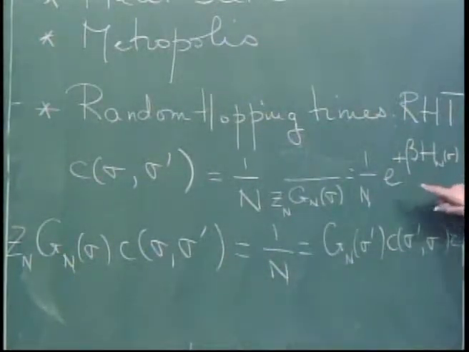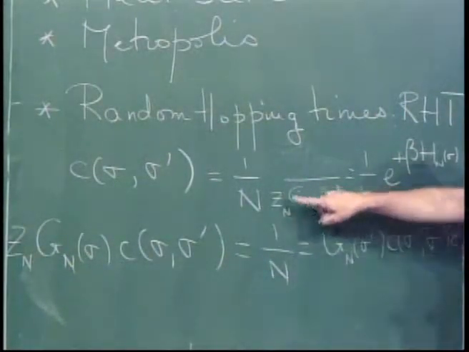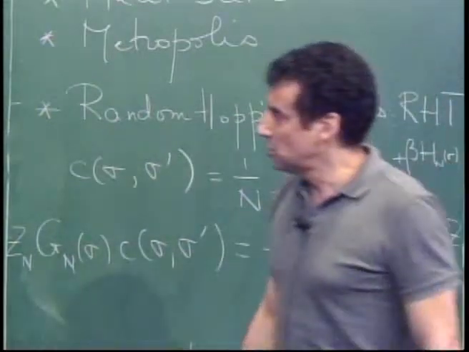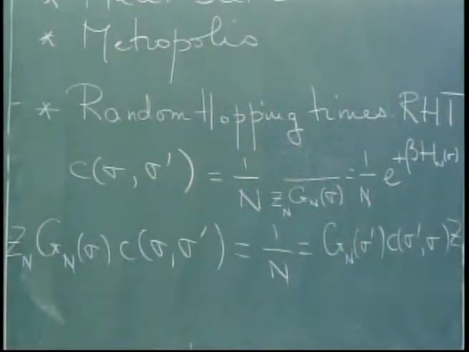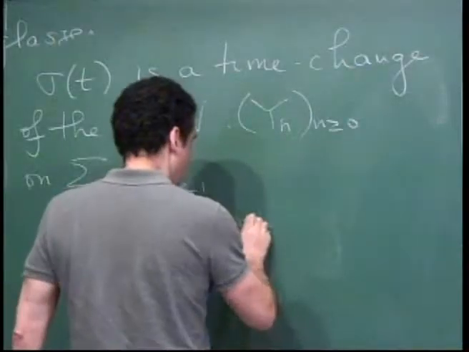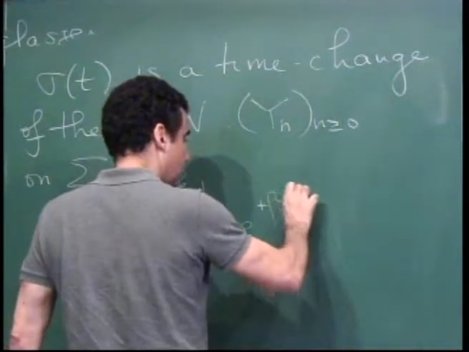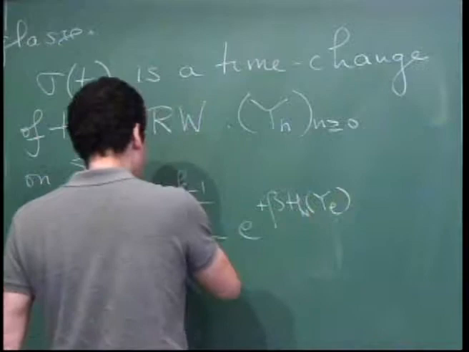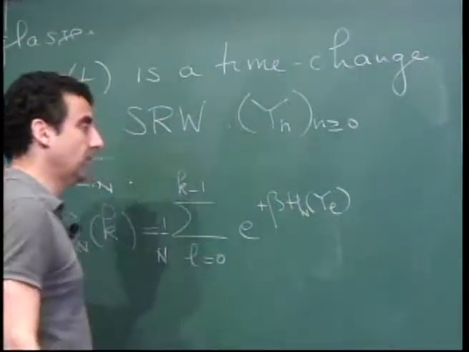So the rate is simply exponential plus beta Hn. That's the best way to remember it. So let me write it like this, exponential plus beta h of Yl. There's a 1 over n, but that plays no big role.